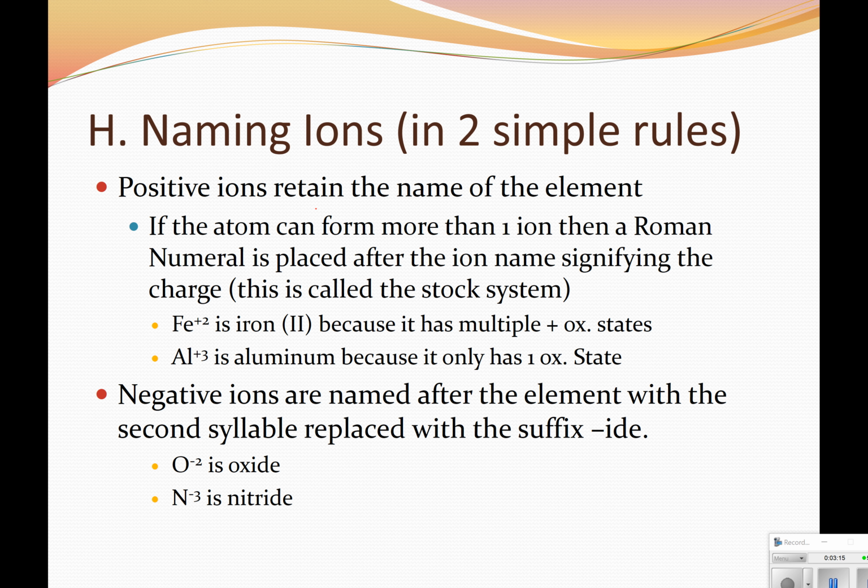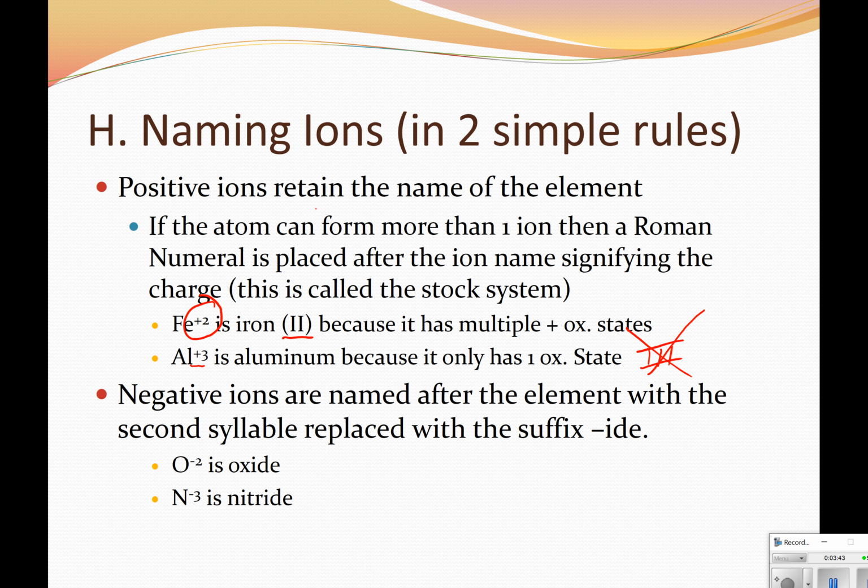For example, Fe 2+ is going to get a Roman numeral II because iron has multiple oxidation states. It can be +2 or +3. And we want to identify that we're referring to iron +2 by using the Roman numeral II. Since aluminum 3+ can only have one oxidation state of +3, we don't have to write it in; it's just aluminum.